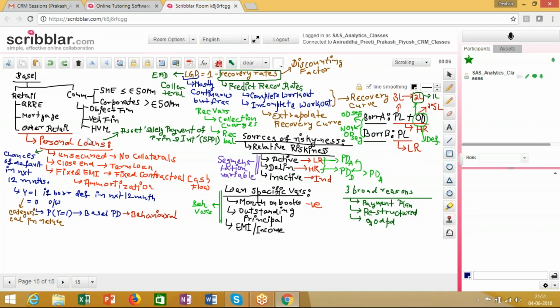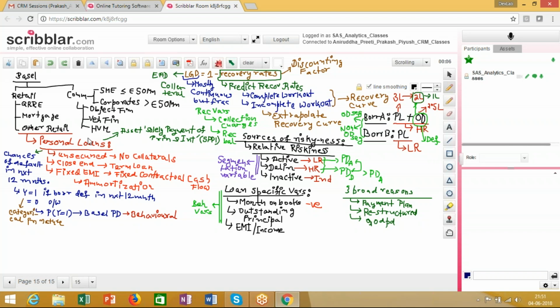When these three come together, what we get is our expected loss. We have seen the criticality of expected loss as a concept, because unexpected loss, and going forward, capital reserves, and everything is built based on this expected loss concept.